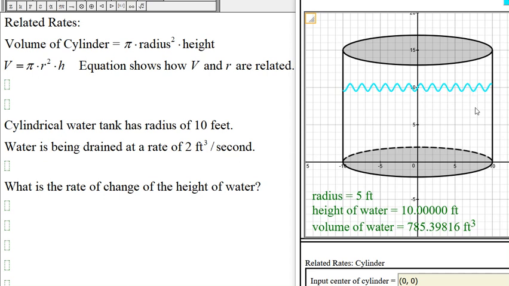As the water is being drained out of the tank, the height of the water is measured from the base up to this level right here. So right now the height is about 9.5 feet. And as water is being drained out, the height of the water will also decrease.